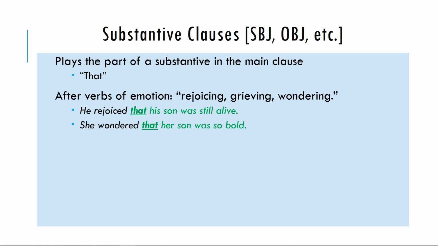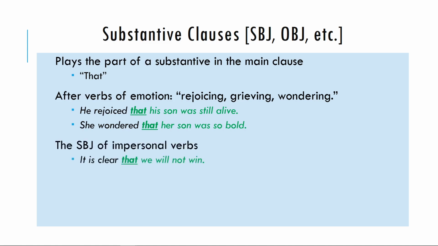If you have an impersonal verb, it is clear, it is difficult, it is important, the subject of that impersonal verb can be a subordinate clause called a substantive clause, and the verb of that clause will be labeled as the subject. That we will not win is clear, right? It is clear. It doesn't have any element, right? It's the that we will not win is the subject. Clear is the predicate nominative.